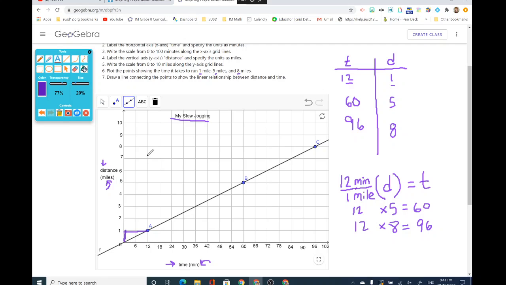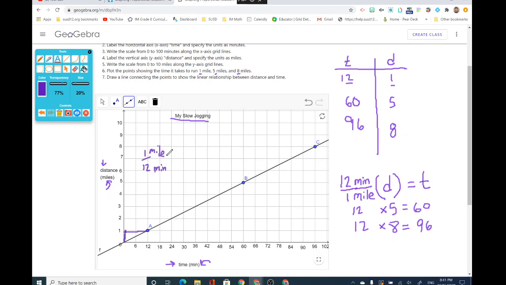So that's 1 mile per 12 minutes. That's the slope. It's actually the inverse of speed. 1 mile takes me 12 minutes.